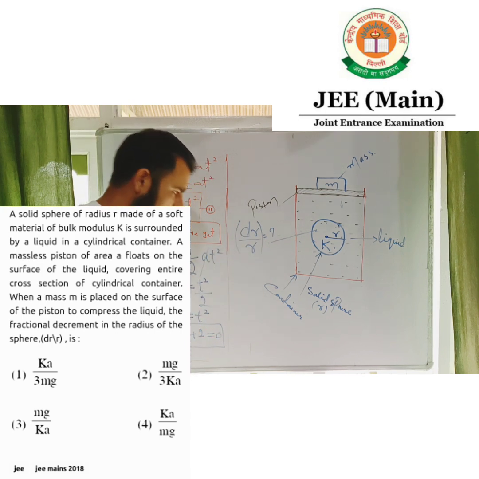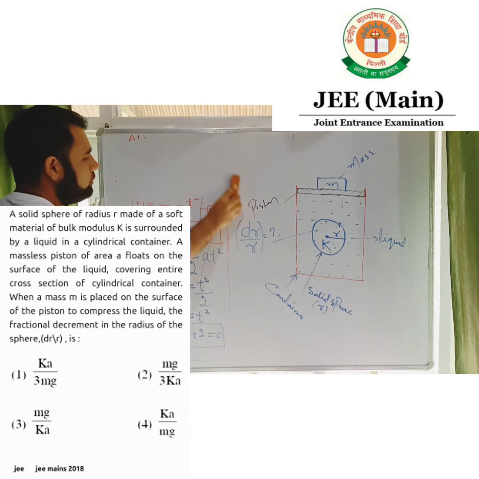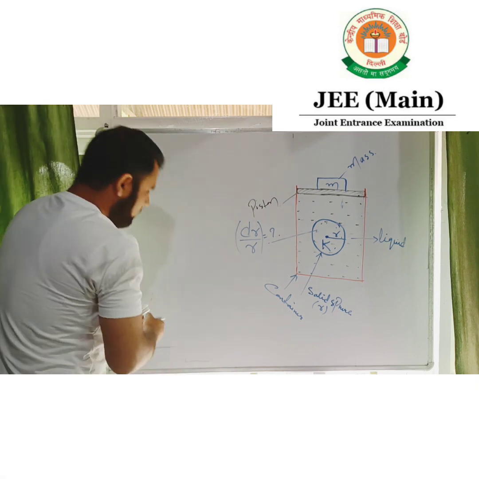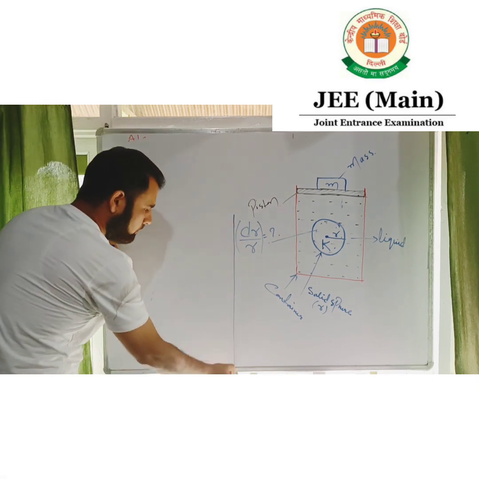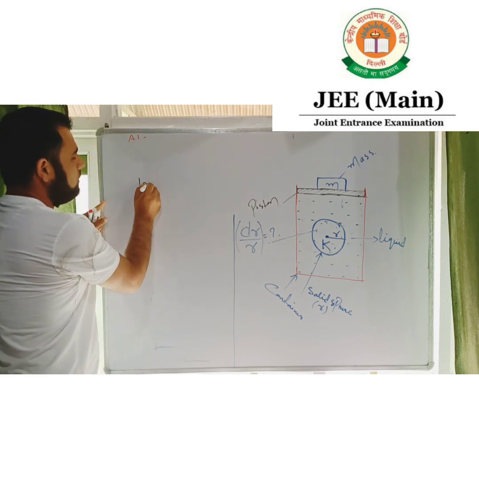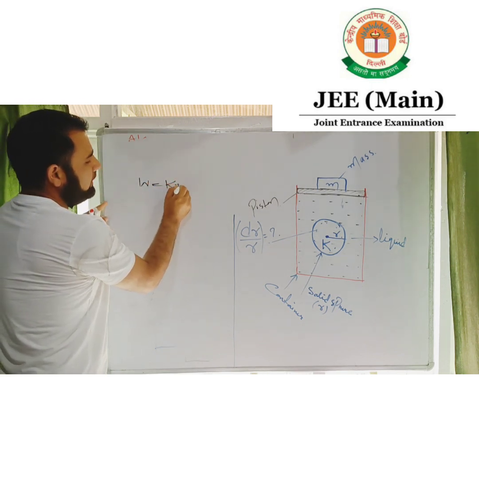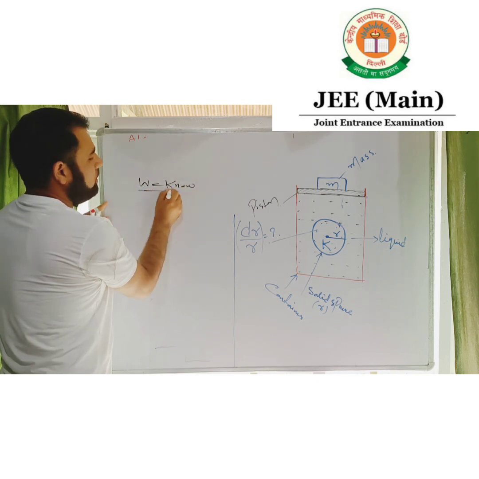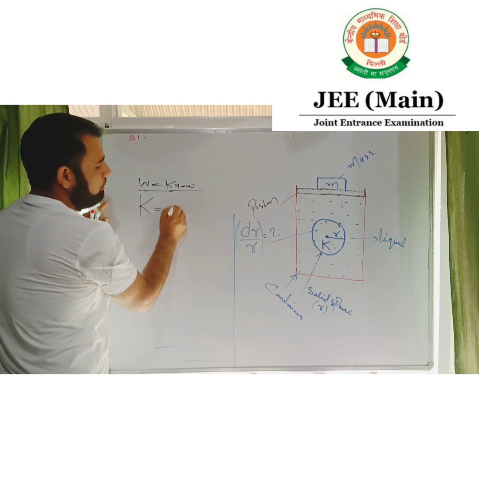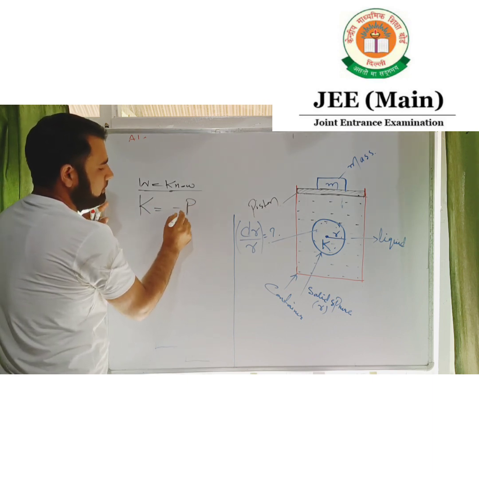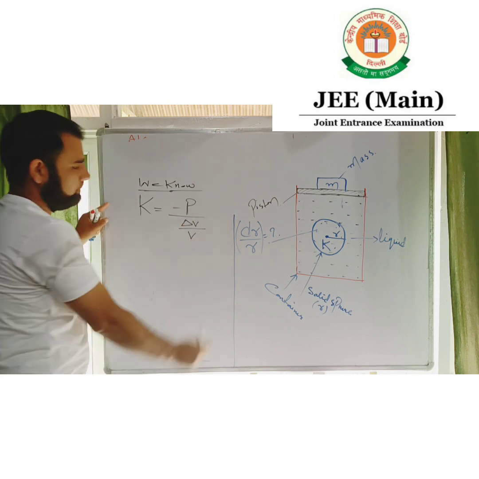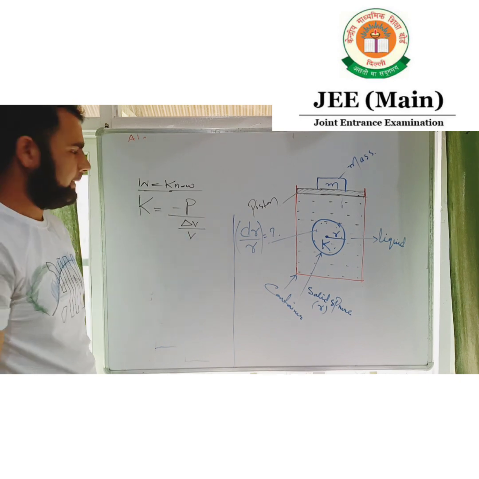So let us look for the solution. As we know, my dear students, already I told you, the bulk modulus of elasticity K is equal to minus P, where P represents the pressure, divided by delta V by V, the change in volume over the original volume, the volumetric strain.